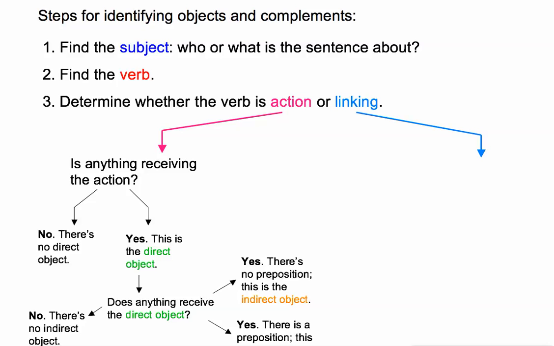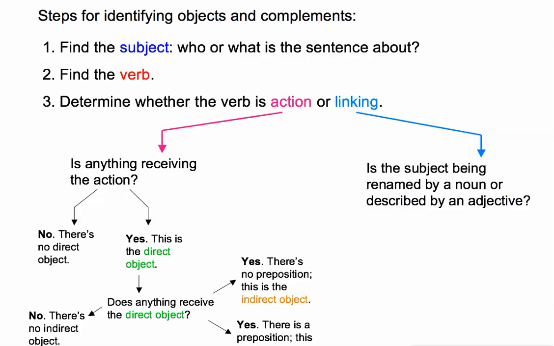Now, if you have a linking verb, you need to ask this. Is the subject being renamed by a noun or described by an adjective? Remember that all linking verbs are followed by a complement. If your answer is noun, then you have found the predicate nominative that renames the subject.